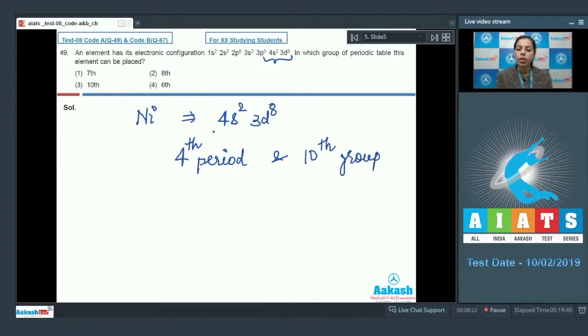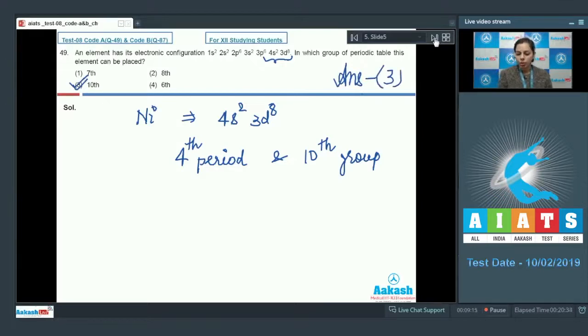The period number you can identify by considering the n value of the valence shell. You can clearly see here n is 4. Now, if we talk about the group number, there's a small trick. You just add the number of electrons present in the d orbital and the number of electrons present in the s orbital of the last shell. So there are a total of 10 electrons, and on that basis the group associated with this configuration is the 10th group. So choose the correct option, that is option 3.